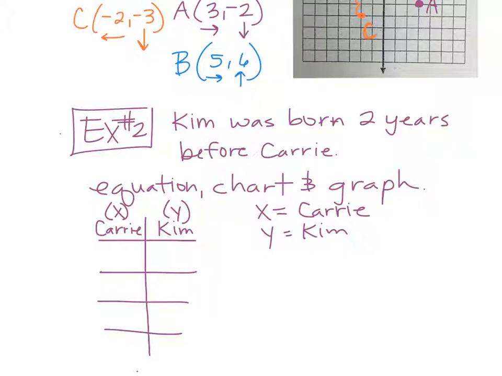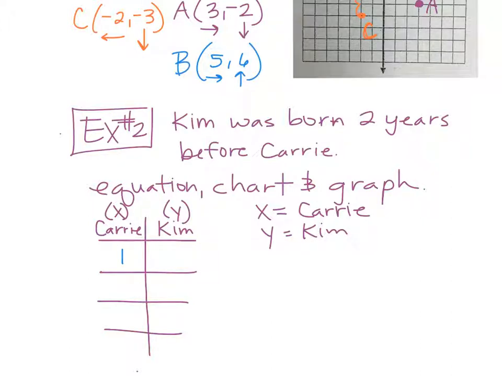If Carrie is 1 year old, it says Kim was born 2 years before Carrie was. So if Carrie was born in 2010, Kim was born in 2008, right? 2 years before her. Think about what that means for their ages.